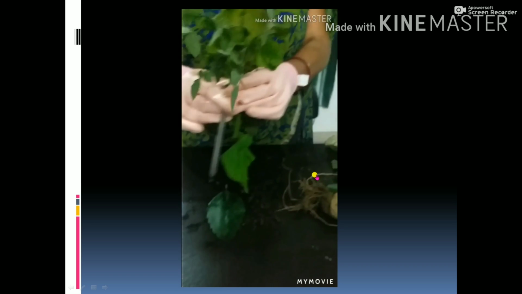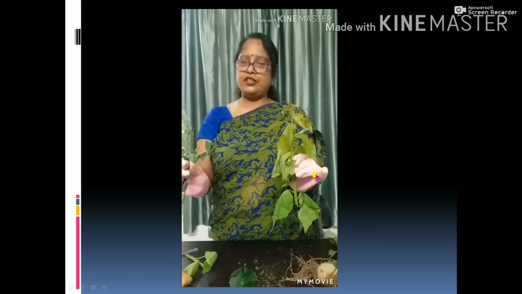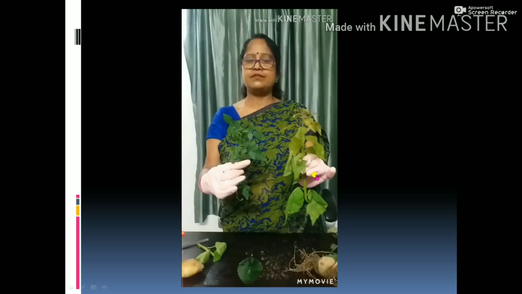root. And in the rose and bougainvillea, look here, a separate plant here, and in these two plants the reproduction takes place through stem cutting. Clear? And this is very common, rose leaves.